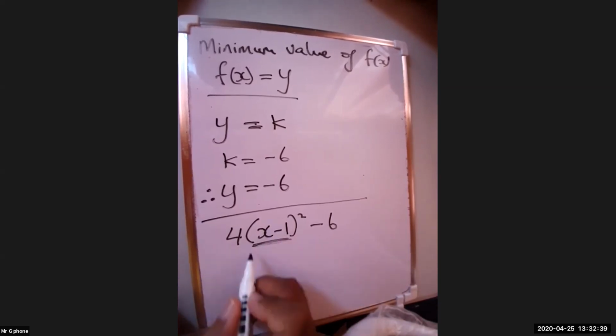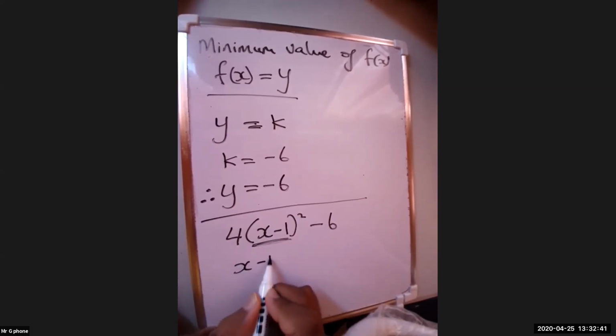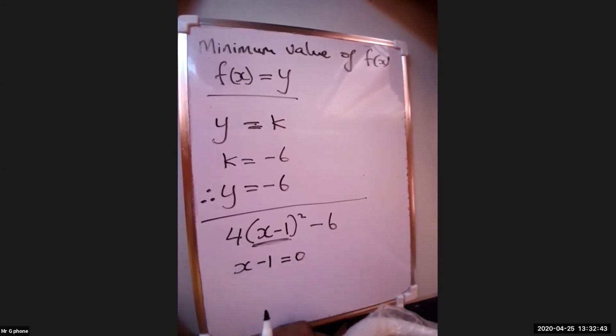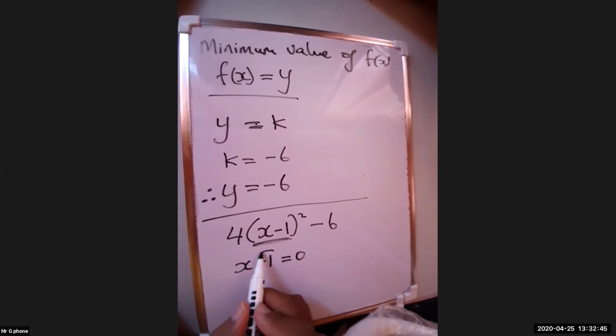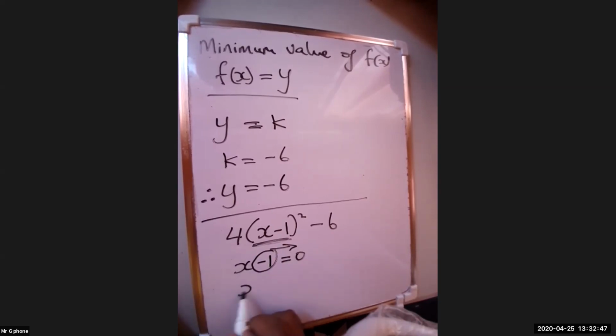So we take out whatever we have inside of here, x minus 1, and we put it equal to 0, and we solve for x. So we take this, fling it across, x is equal to +1. So this is the second part for 1 mark. Anybody have any questions? Nope. Okay.